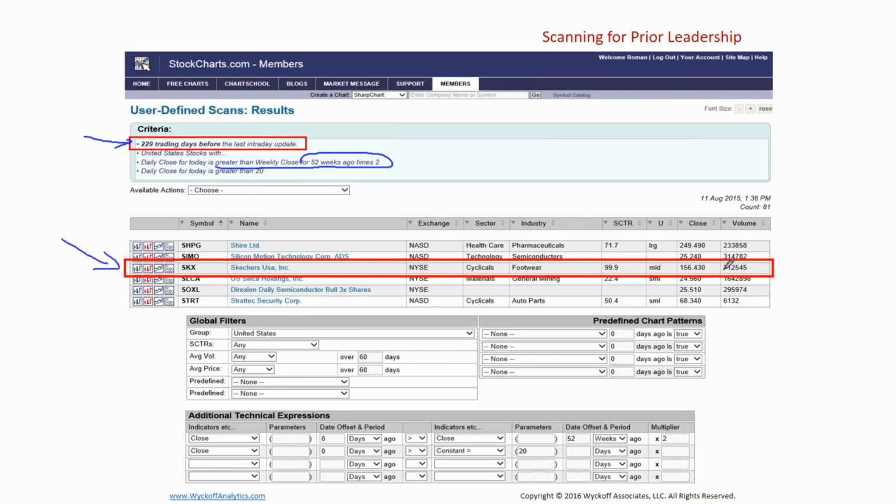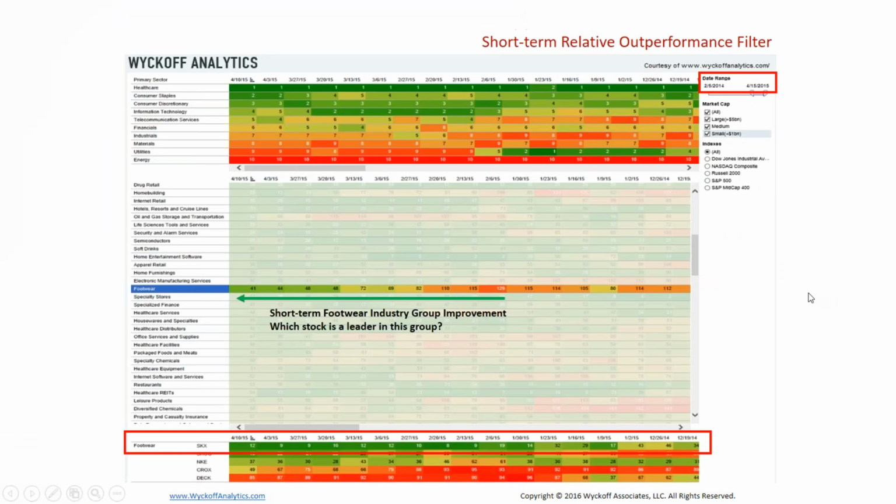It shows me that prior outperformance, prior leadership, and I could definitely use this to identify that prior leadership, look into the structure of the stock, and define whether it's time for the reaccumulation to leave the trading range and for the price to resume its uptrend. Again, just different tools that I'm showing. I've shown you the heat map, so I'm not going to show a lot of additional tools here with the heat map.